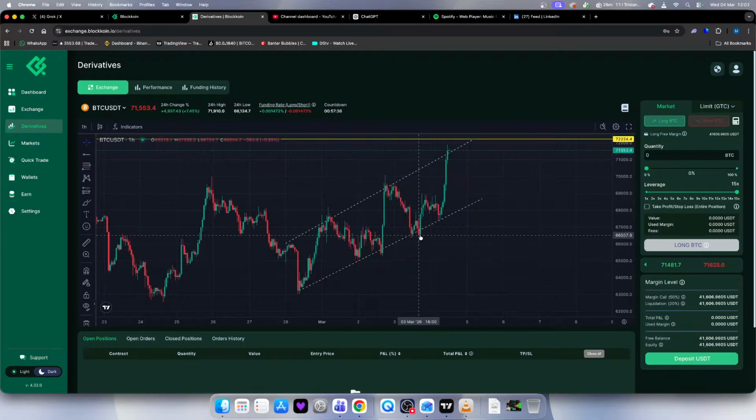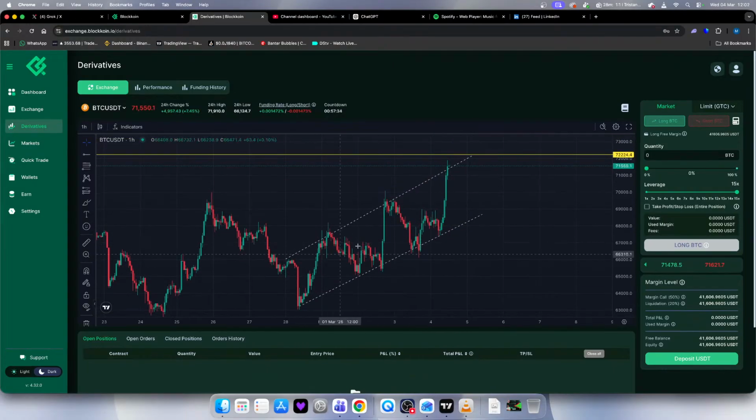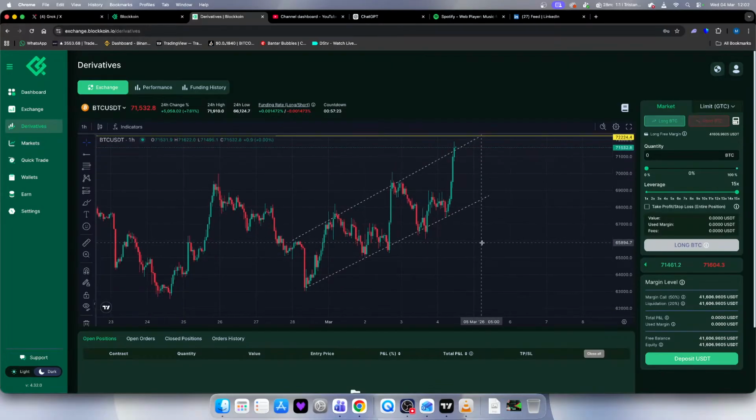This is where most stop losses are, so this is where the market is more drawn towards, so that it can reverse and have enough liquidity and buying power to push up, or enough selling power to push down.